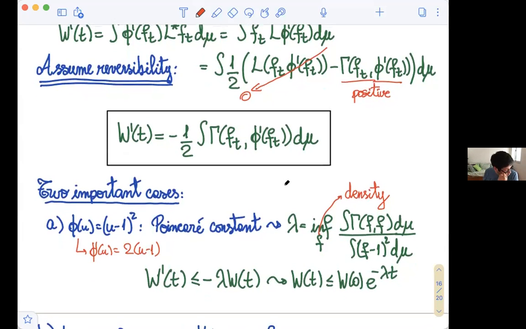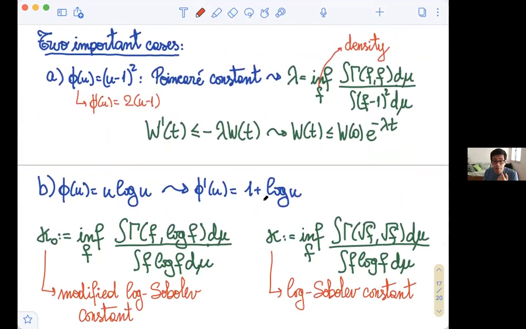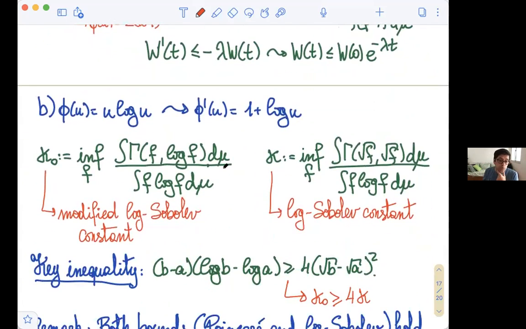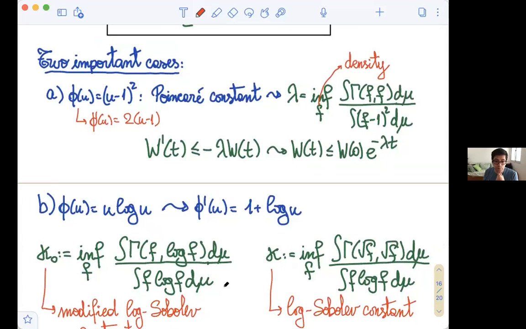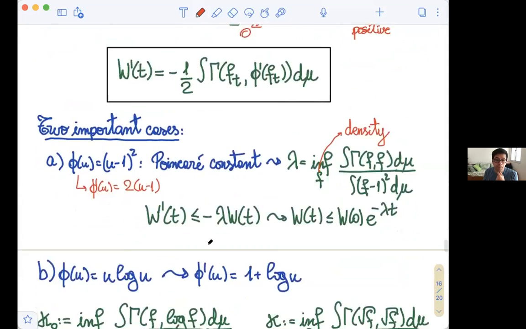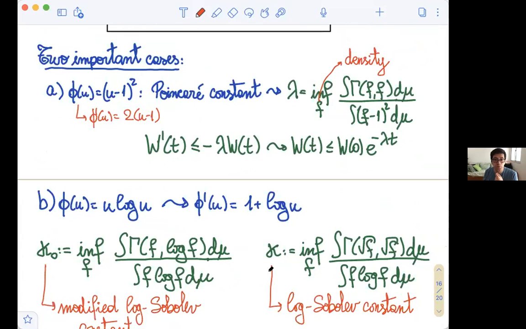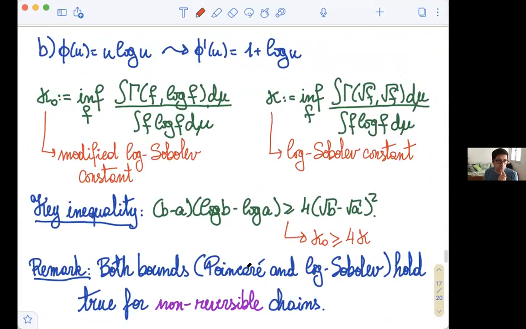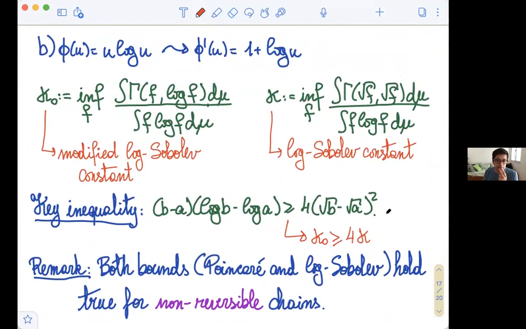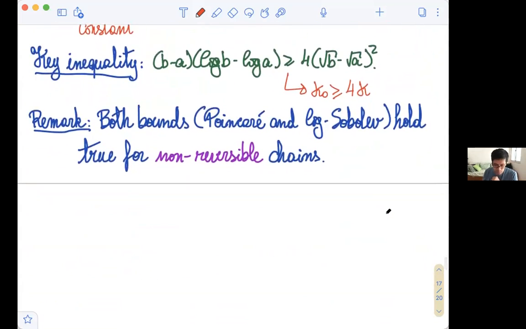In the case of the entropy, you need to assume reversibility to get this identity for the modified log-Sobolev constant. But to get the bound with the log-Sobolev constant, you don't need to assume reversibility. Well, this is something you have to check. It's a classical computation. It's based on the following fact.